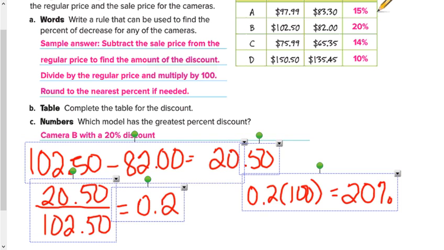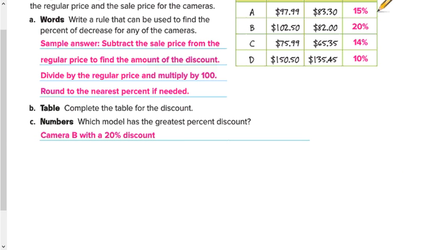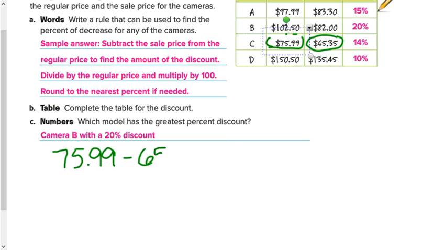Let's do C now. C, we had 75.99 regular price and then a sale price of 65.35. So we have 75.99 minus our 65.35. That's going to equal $10.64.